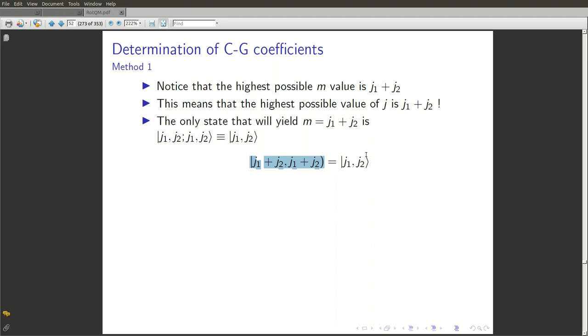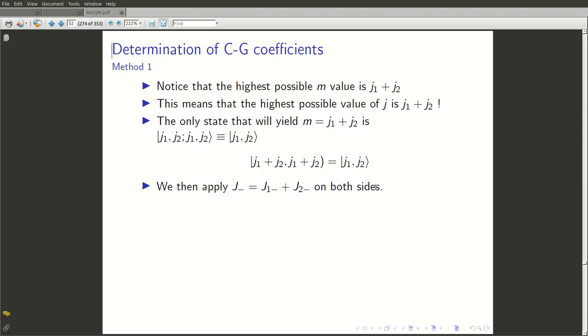Now that we have found the highest weight state, J1 plus J2 comma J1 plus J2, and that's nothing but J1 J2 here, we can find the next state. We just apply J minus, which remember is J1 minus plus J2 minus, on both sides. And let me remind you once again that this notation hides the fact that J1 minus is really J1 minus direct product with I2, and J2 minus is really I1 direct product with J2 minus.